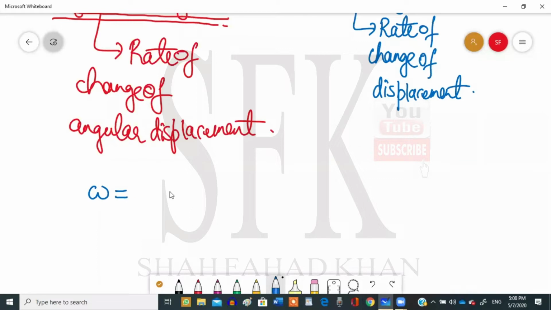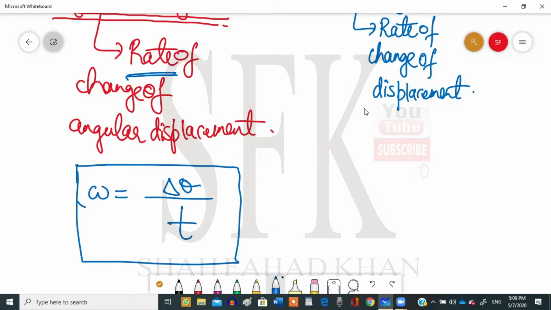Angular velocity is equal to the change in the angular displacement, this angle, divided by time. Why did I divide it by time? Because this is rate, and rate means with respect to time. So the change in the angular displacement with respect to time is the angular velocity.